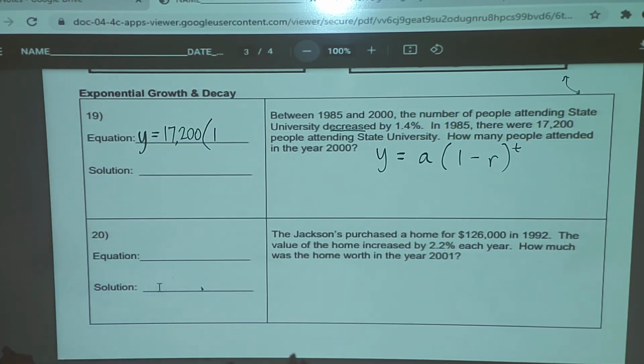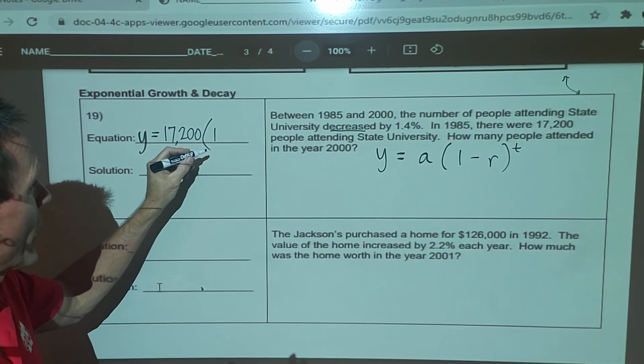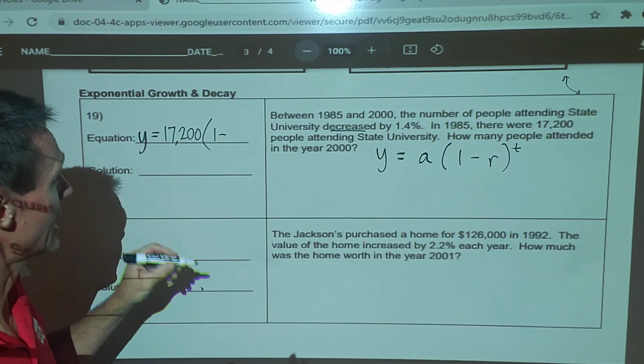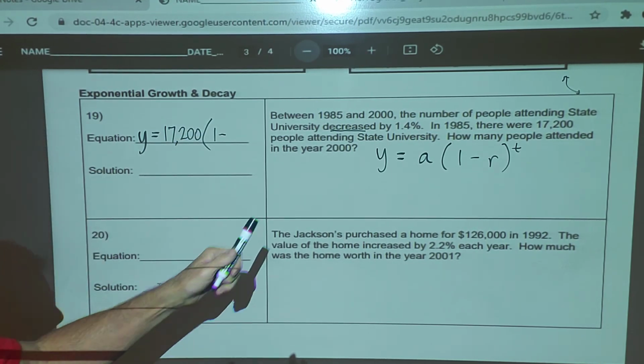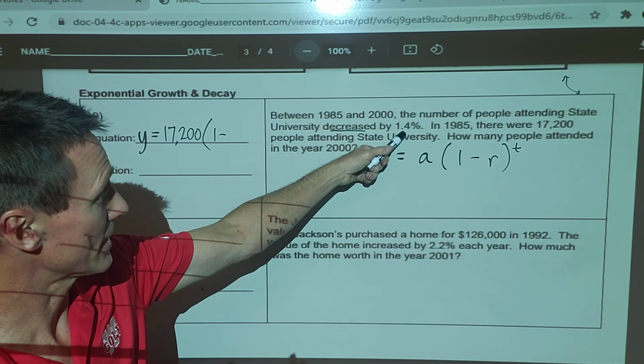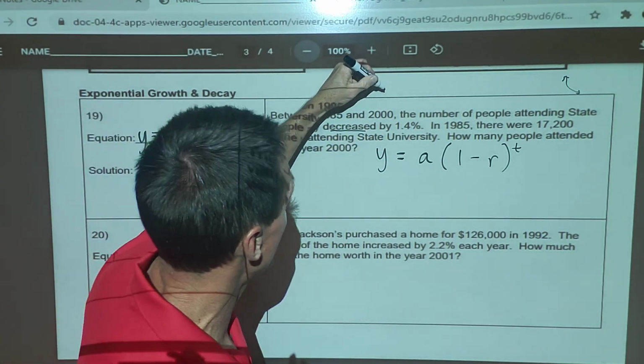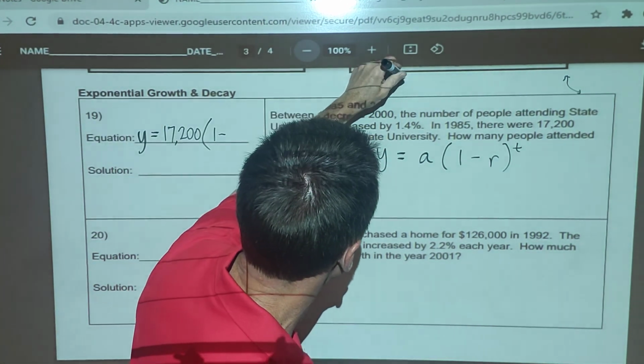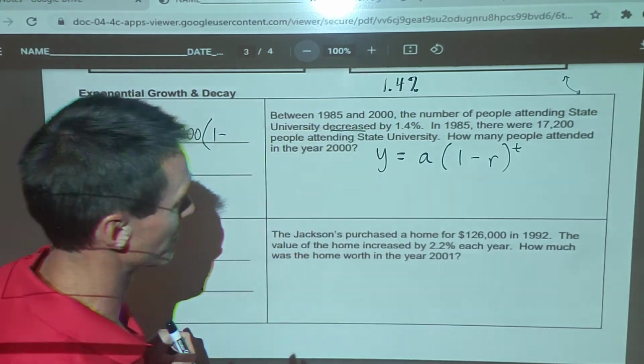One minus the rate. Depending on the answer key and what your teacher requests from you, but keeping this simple, since we are subtracting, we're going to subtract the rate, which we have to change from a percent to a decimal.